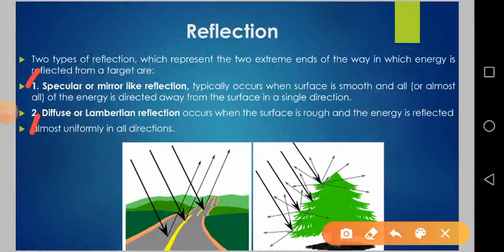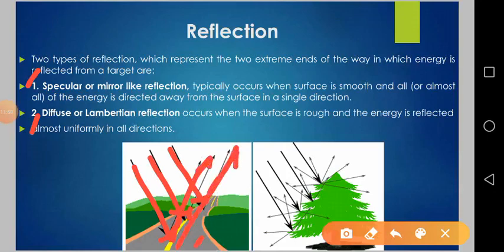Specular or mirror-like reflection means, when the electromagnetic radiation is incident on a particular surface, the reflected radiation has a definite or specific angle. The direction of the reflected radiation is the same, or it is reflected in a single direction. So this is called specular or mirror-like reflection.